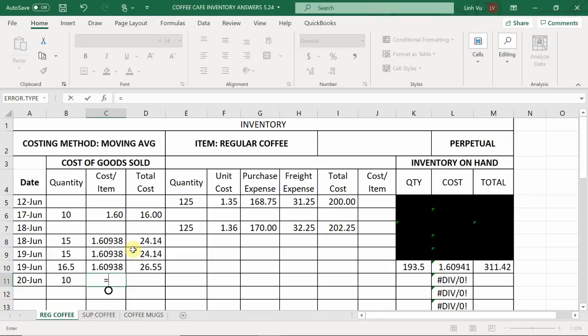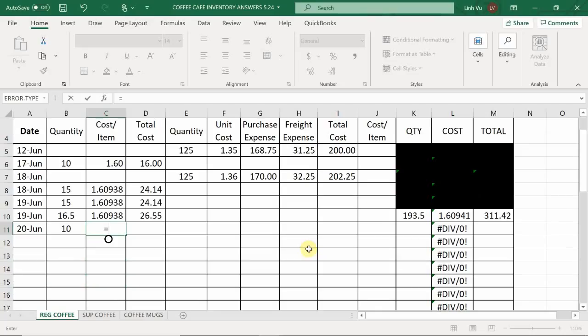We're using moving average, okay? On the right side, I'm calculating my average cost per item, because every time I sell an item and every time I purchase an item, I have to calculate my cost per item. That's the question I'm trying to get to. On the right side, right now, how much do I have? What's my quantity on hand?